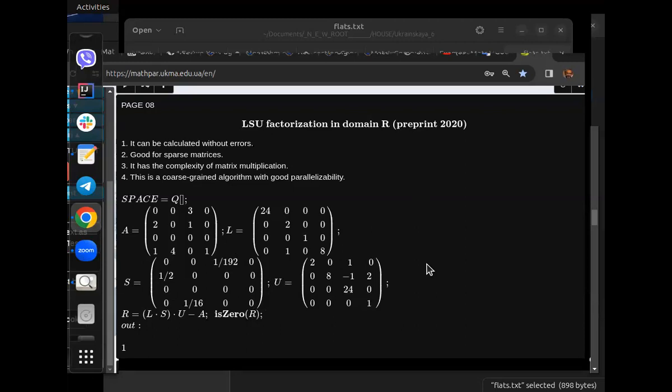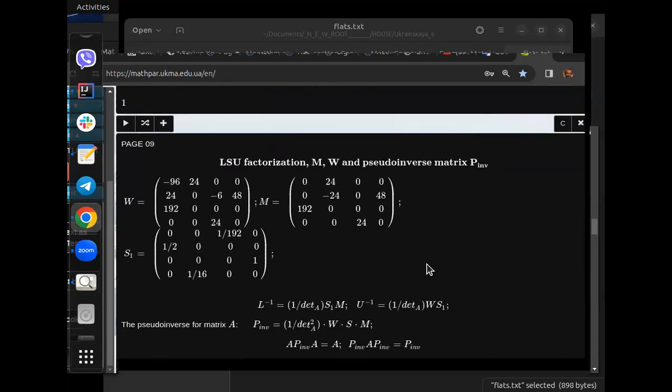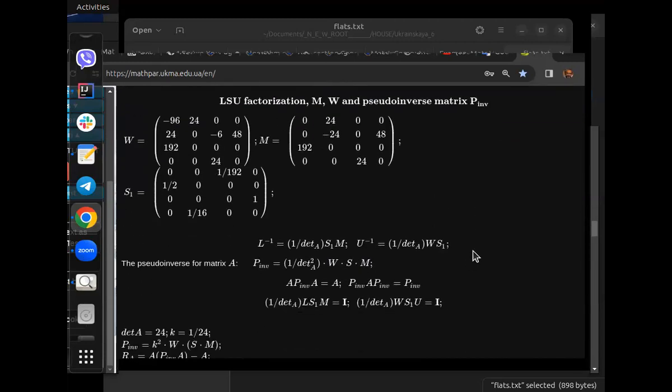And it is a coarse-grained algorithm with good parallelizability. Moreover, we obtain not only the LSU decomposition, but we obtain additional matrices M and W. And we obtain the pseudo-inverse, P inverse, for the initial matrix A.